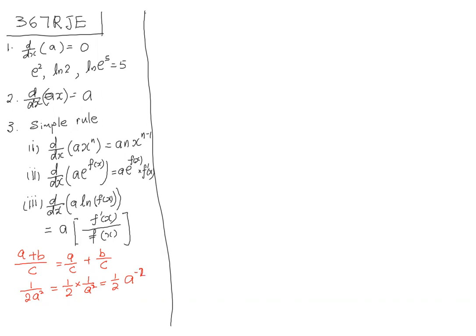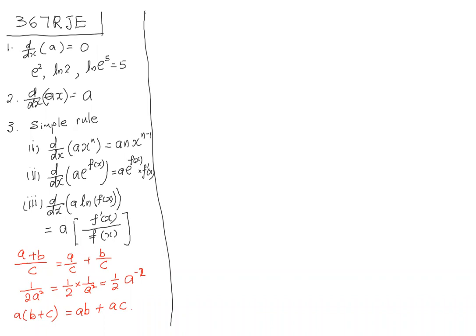Hello? So what else? If I have a times (b plus c), so I can break it. So what else about simplification? And you have to remember that a to the power of n.